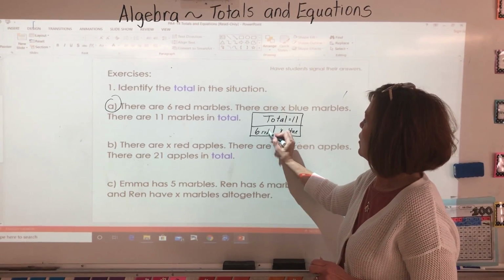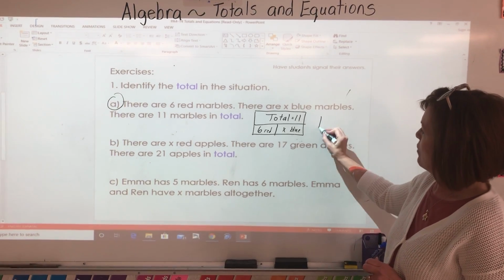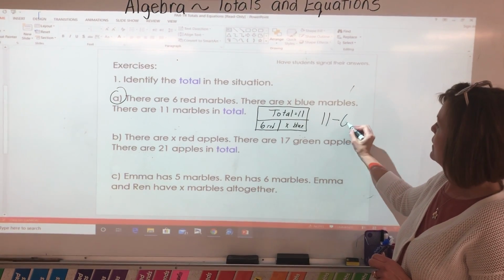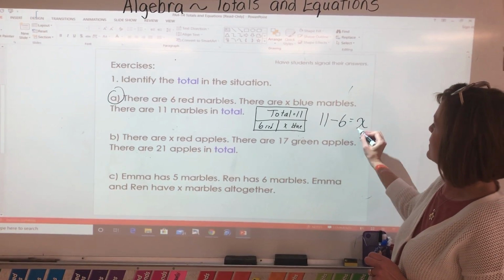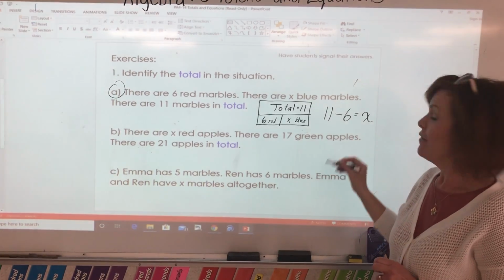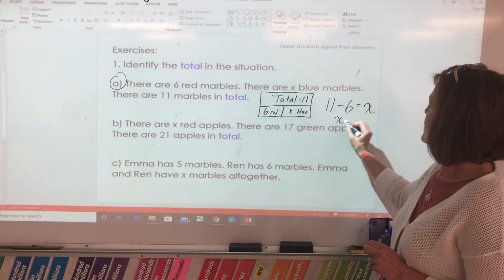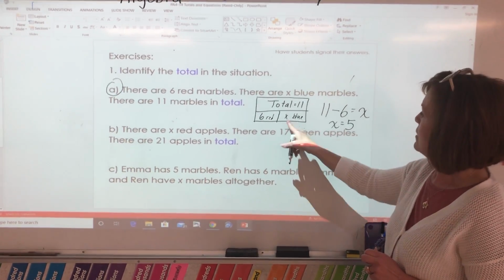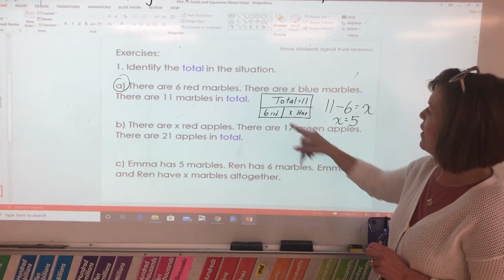How many are blue? So you can then write beside it 11 minus 6 equals X. 11 minus 6 is what? 5. So X equals 5. The missing number of blue marbles is 5.